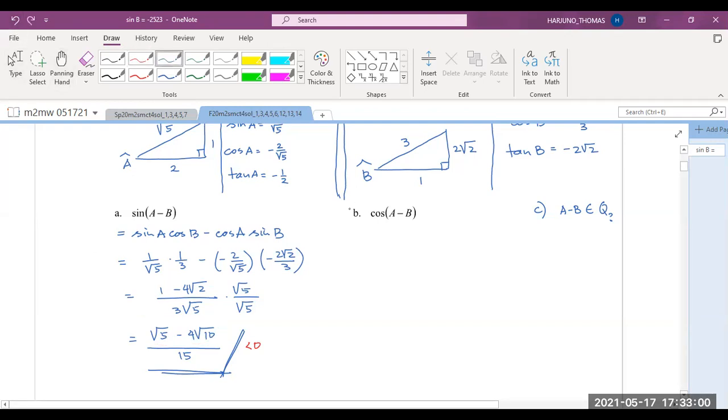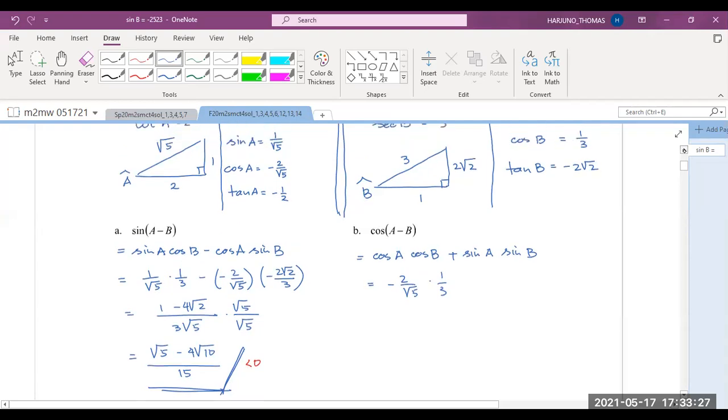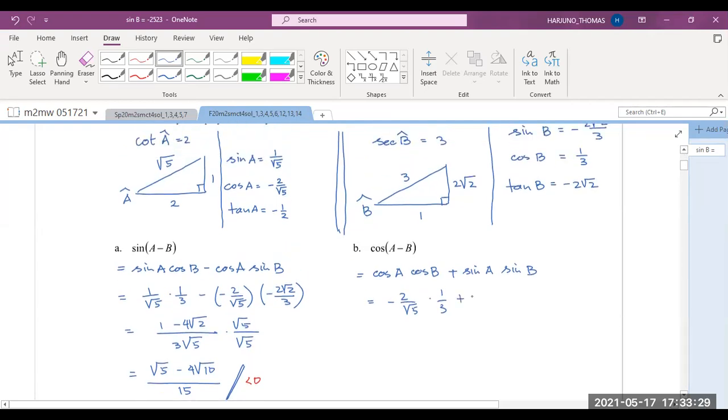Now, how about the cosine? Cosine of A minus B is cosine A cosine B plus sine A sine B. Cosine A is negative 2 over radical 5. Cosine B is 1/3, as I remember. Plus sine A is 1 over radical 5.